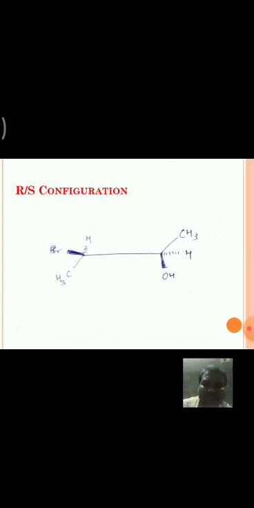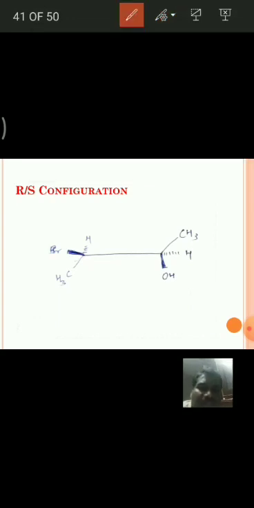One more example. If it is having 2 chiral centers, if you assign configuration to this carbon, this is 1, this group is 2, this group is 3, this is 4th.